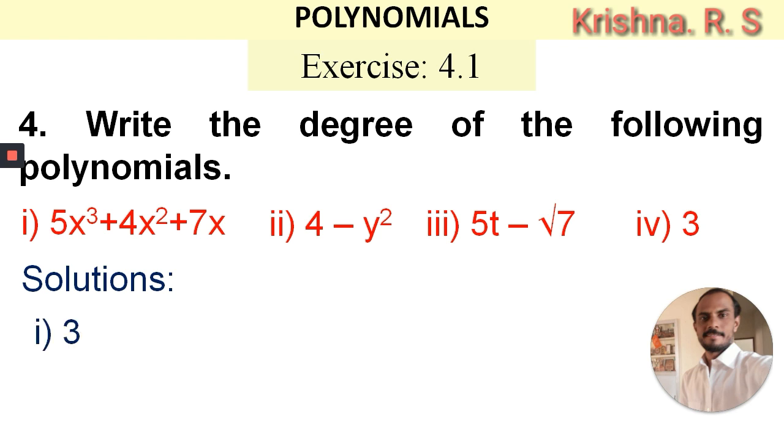The first is 5x cubed plus 4x squared plus 7x. Here x is the variable.